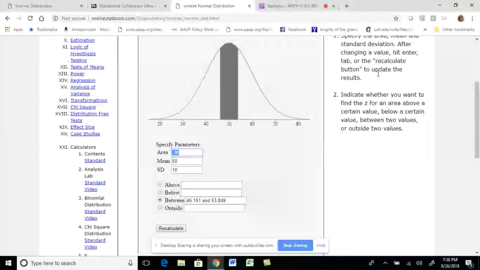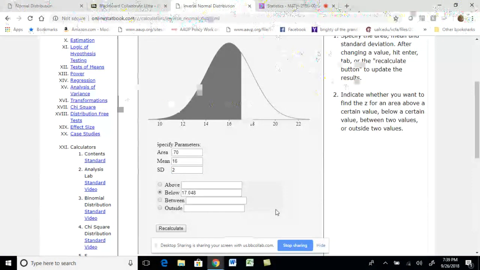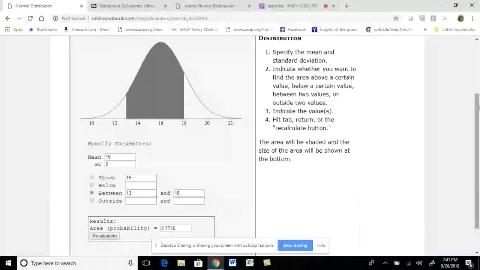And we want below 70 for the 70th percentile. And our mean was 16. I'm doing the fish problem. And the standard deviation was 2. And I want below. So 17, the length of the fish, means 70% of the fish are below 17 inches long, and 30% are above 17 inches long. So that's useful information.